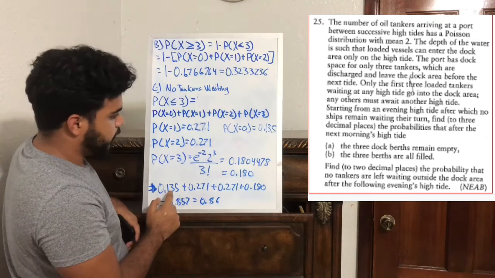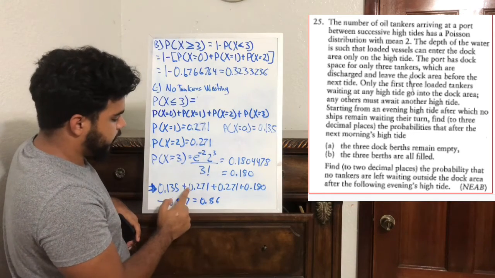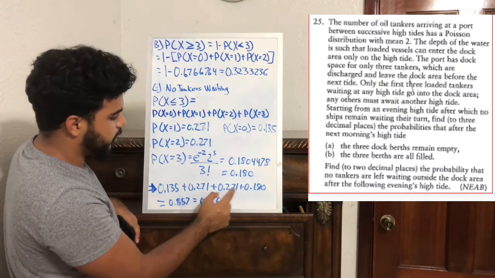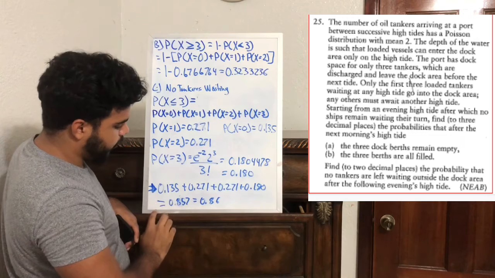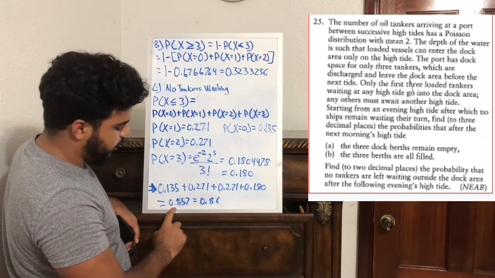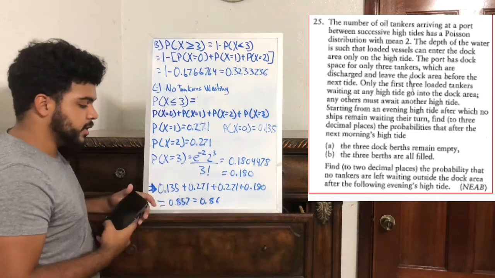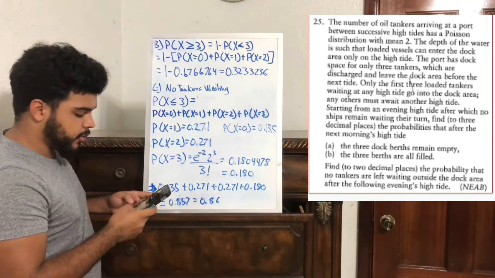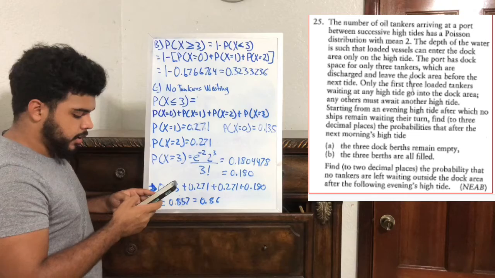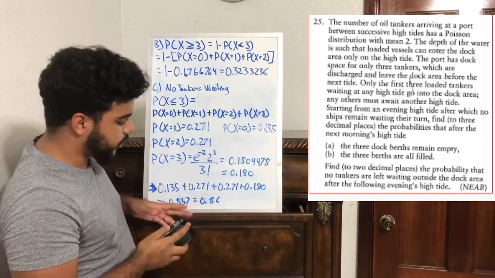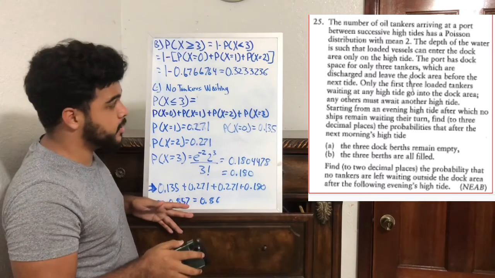So this is for the case with 0 tankers in the dock, 1 tanker in the dock, 2 tankers in the dock, and 3 tankers in the dock. And what we get is 0.857, which is also 0.86, which would basically mean that the probability that no tankers are left waiting outside is 0.86.